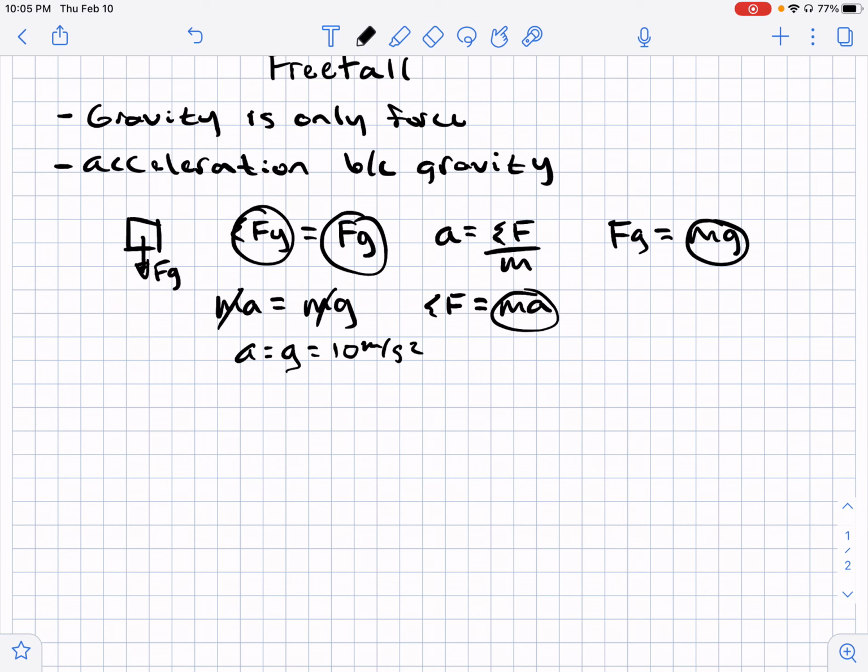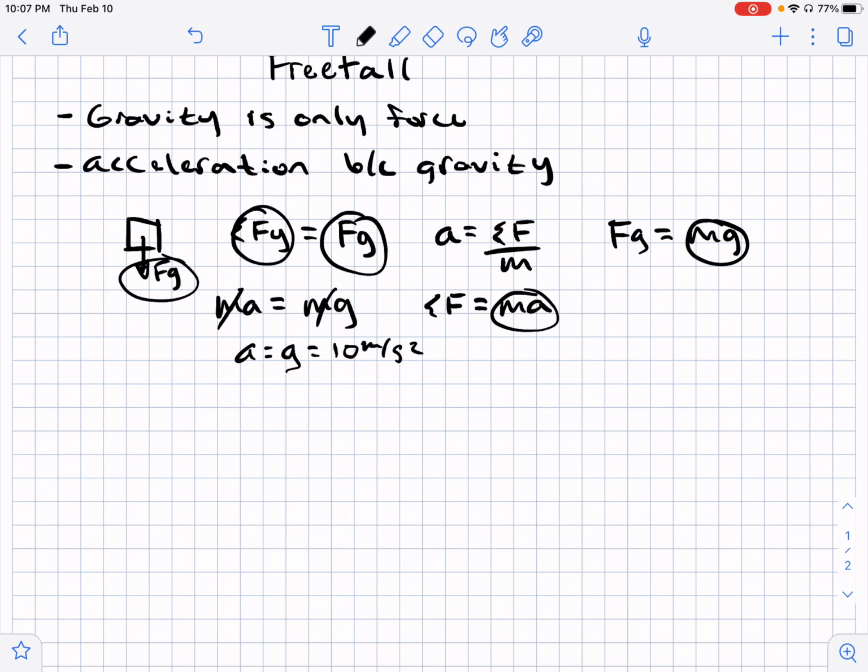The key there was that in those cases, there was another force, a drag force or air resistance. But if Fg is the only force on this object that's falling, then we consider that to be free fall, and the acceleration is just equal to g, or 10 meters per second squared.